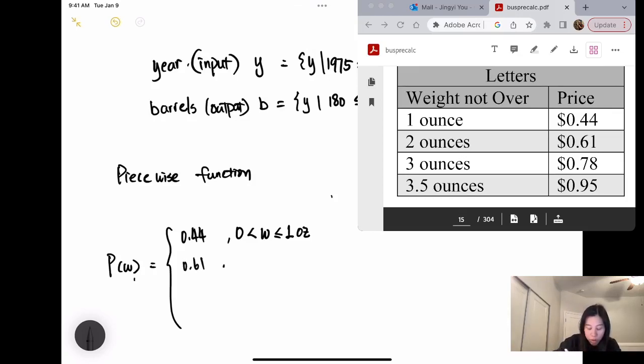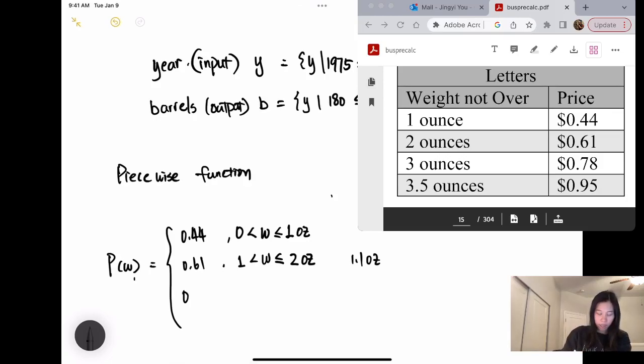When the weight is greater than 1 ounce, but not including 1 ounce. Why? Because if it's equal to 1 ounce, they're supposed to charge you 14 cents. But if your letter is 1.1 ounces, which is greater than 1 ounce, even if just a little bit, they're going to charge you 61 cents. So that means greater than 1 ounce, but less than or equal to 2 ounces, they're going to charge you 61 cents. And when do they charge you 78 cents?